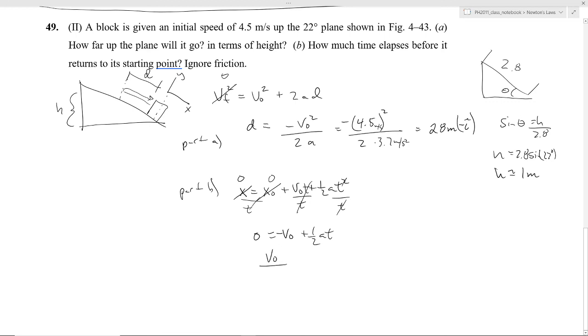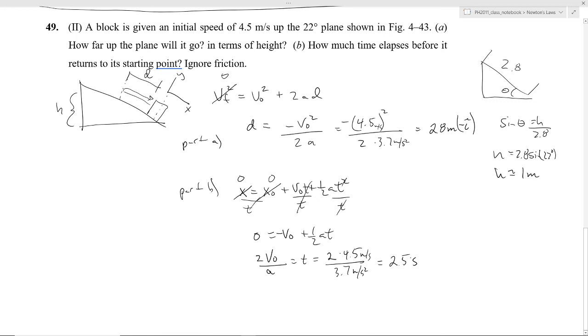This will be negative v naught times 2 divided by a equals t. Let's put in our numbers: 2 times 4.5 divided by our 3.7. This would give us a time of 2.5 seconds.